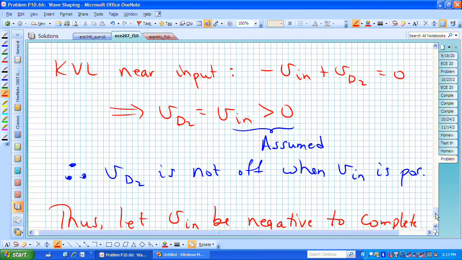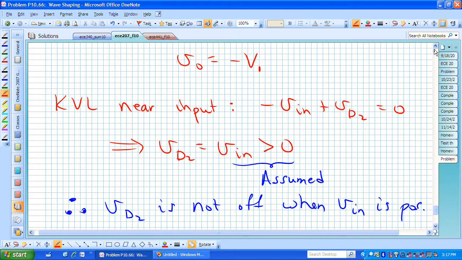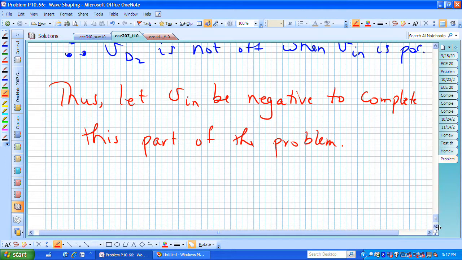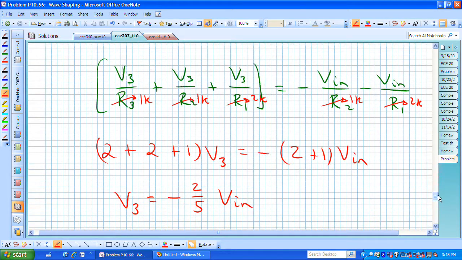And we also now know that near the output we have V out is equal to minus V1, and V1, if we remember, at the output side, we have V out plus V1 is equal to 0 of our circuit.